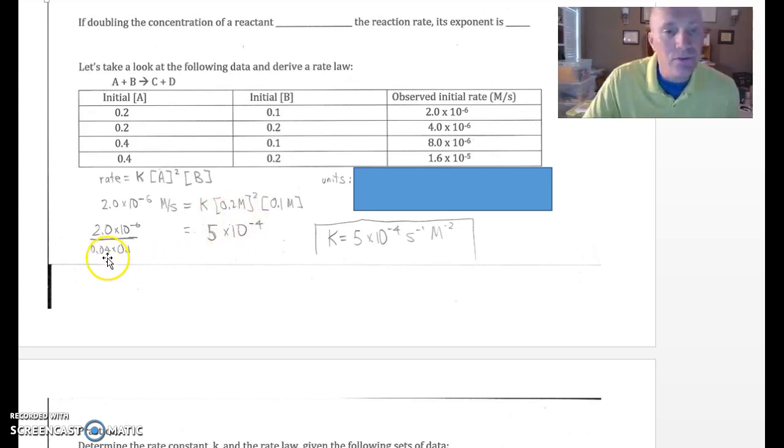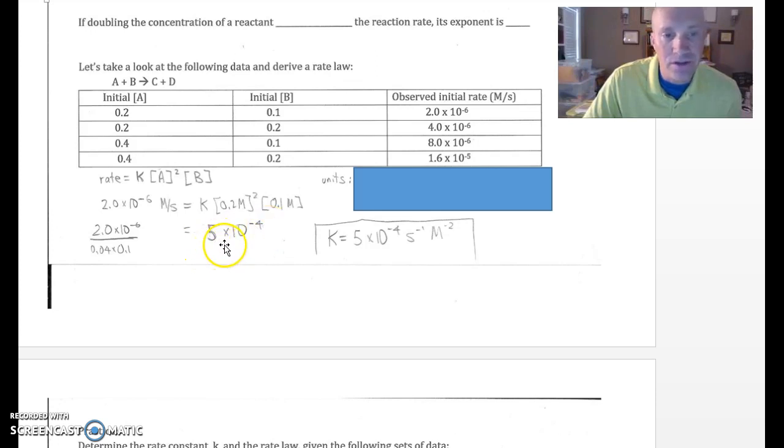All right, so in terms of the numerical part of the solution, we would square, first of all, we're going to be isolating this variable right here. So if we square 0.2, that would be 0.04. This part right here would be 0.01. And if we move those over to the other side, you can see that the numerical part would be this right here. If we solve for that, we get 5 times 10 to the minus 4th.